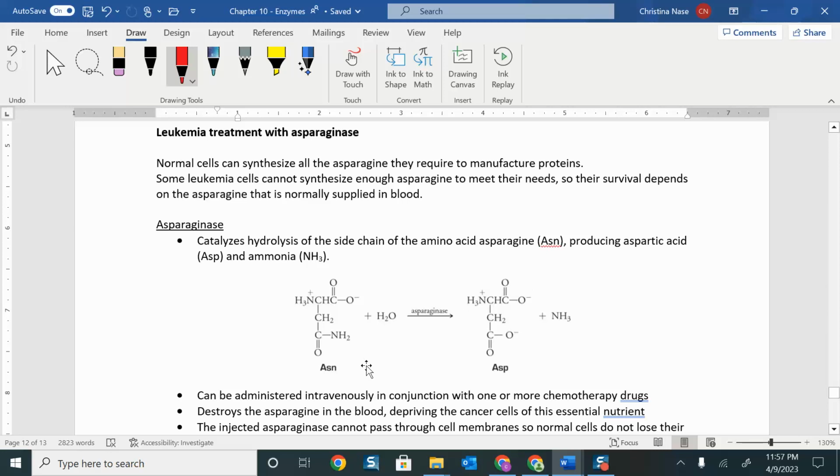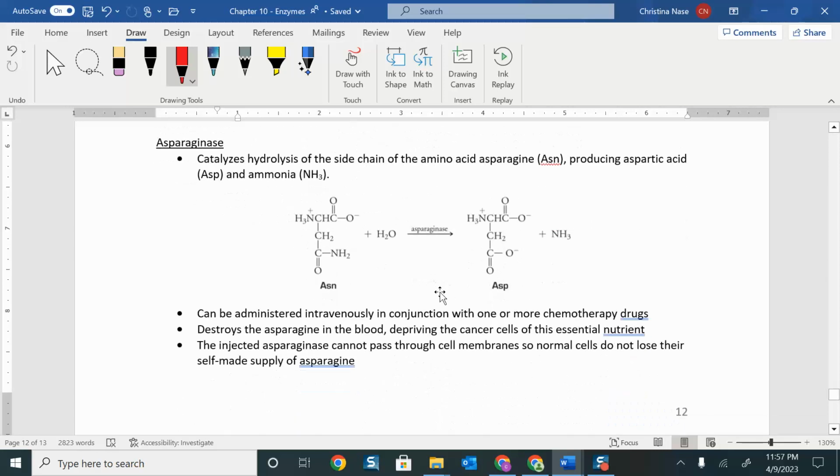So you're going to basically break down the supply. You're getting rid of that amine group, and essentially making the asparagine in your blood not accessible for the leukemia. So it starves them of that source of asparagine, and then the cancer cells are going to die because they need that to keep going.